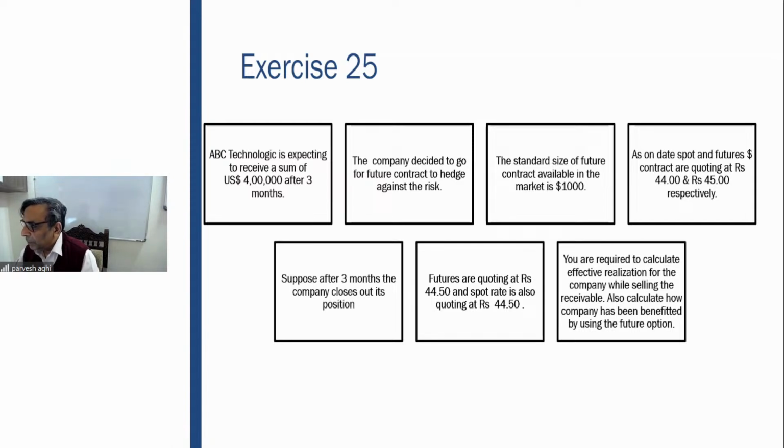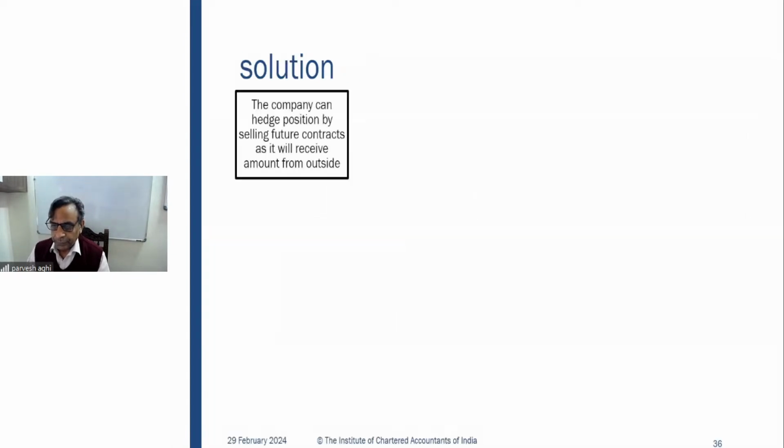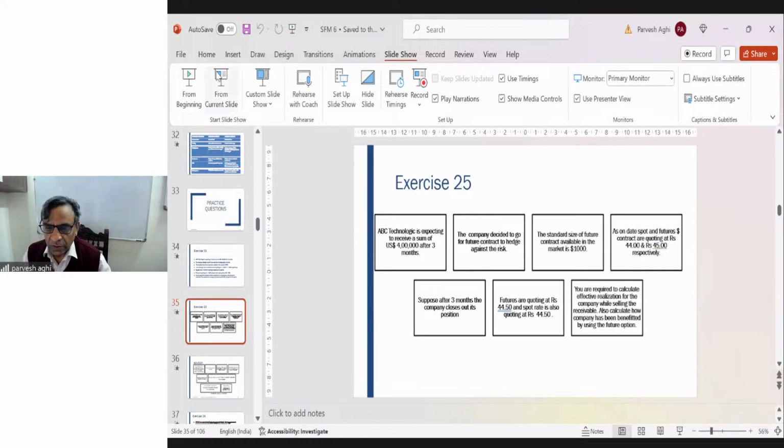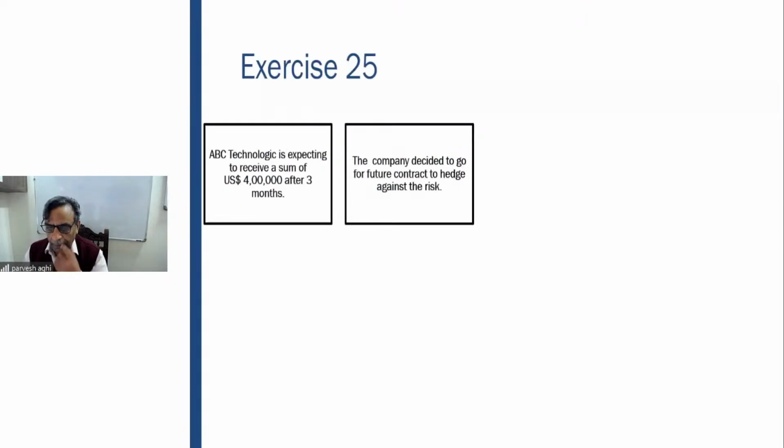Okay, so this is basically the question. The company can hedge its position by selling futures. Since you are an exporter, you are expecting to receive US dollars after how many months? After 3 months. So you are going to receive 4 lakh dollars.